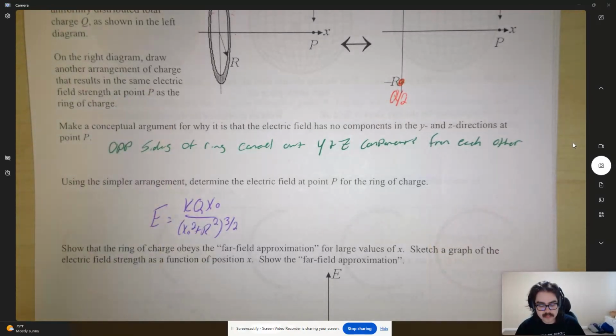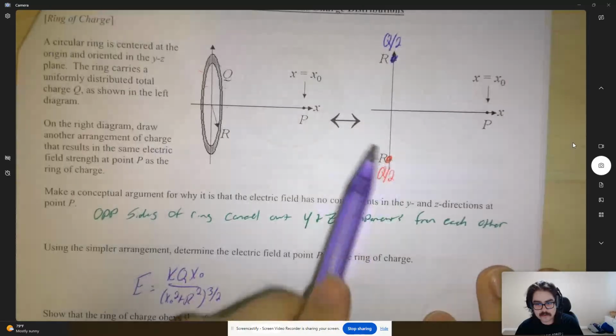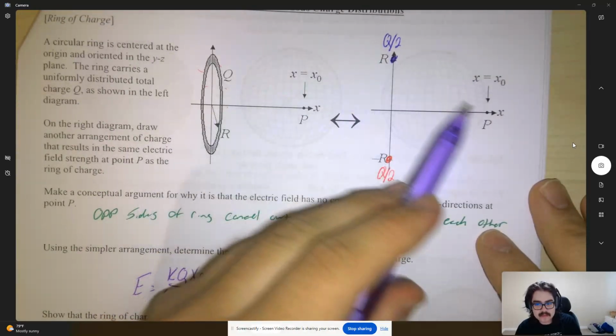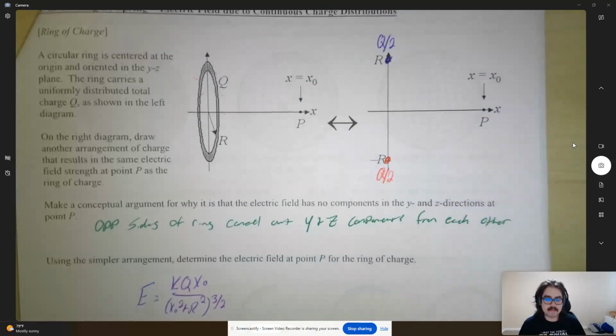We're using capital R now for the height here, and lowercase r would be the hypotenuse.